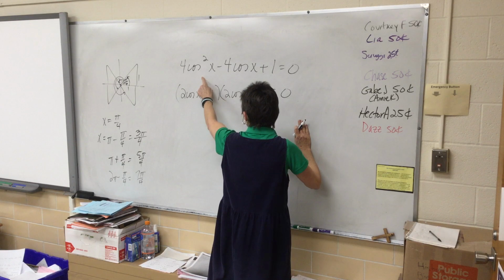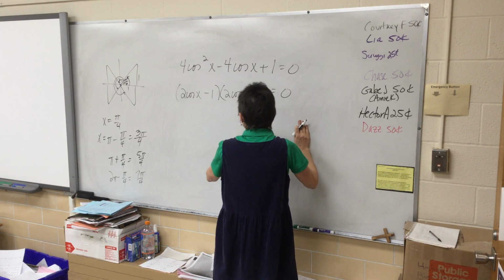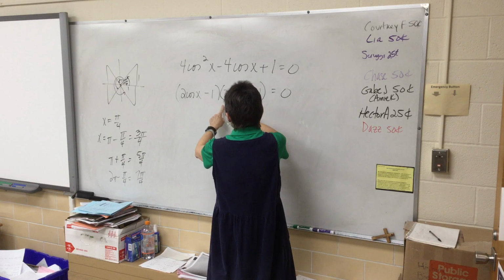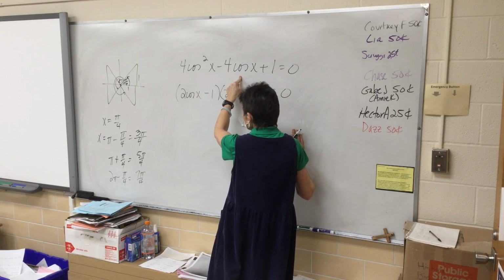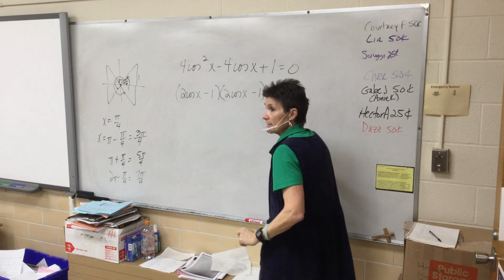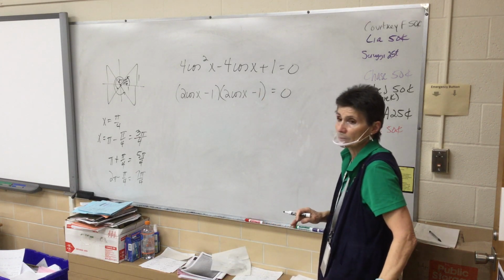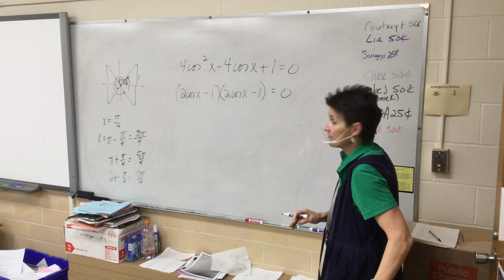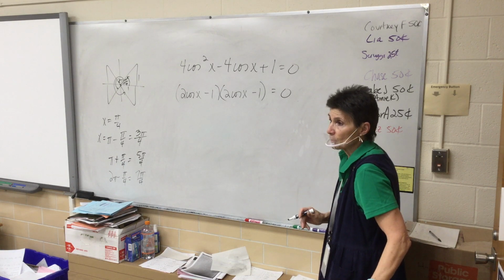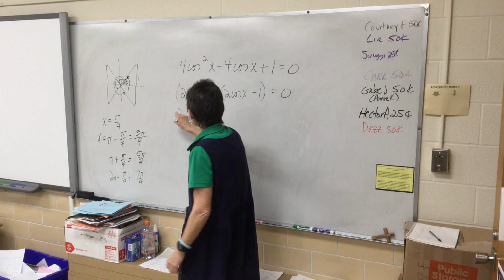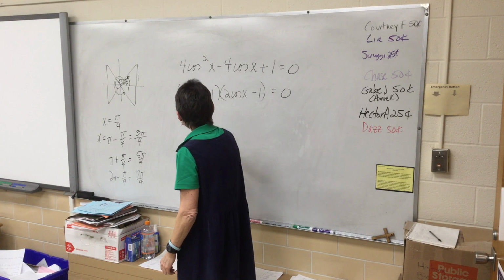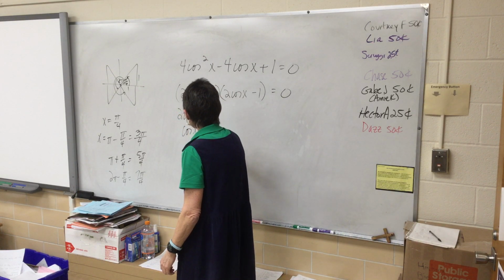First terms give me 4 cosine squared. Outsides and insides give me -2, so that'll add up to -4. And then I get a +1 on the end. So we're kind of lucky the factors are the same. So we really only have to solve one of them. So 2 cosine equals 1, which means cosine equals 1/2.